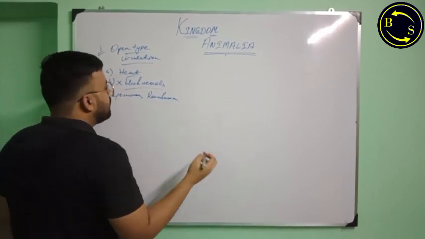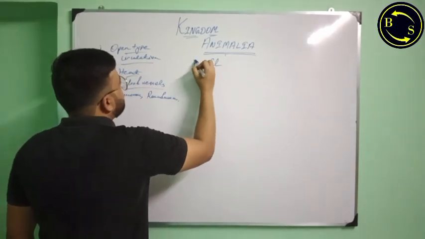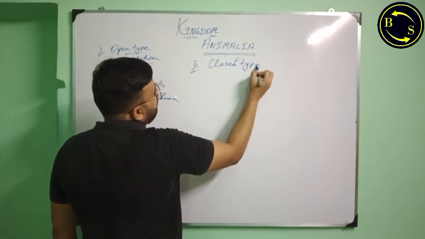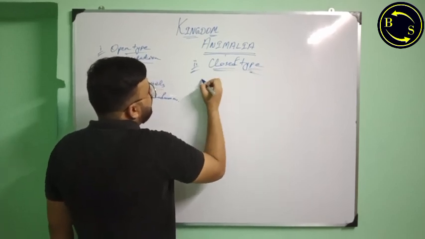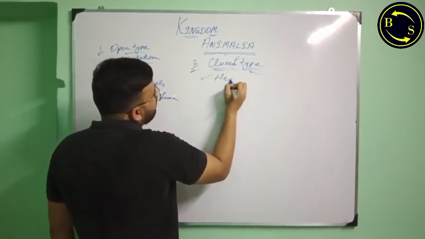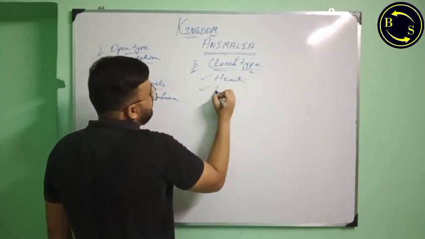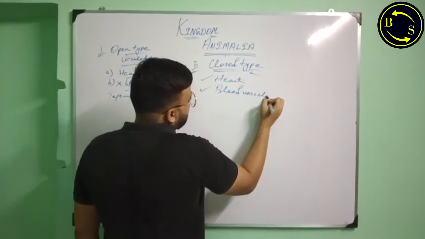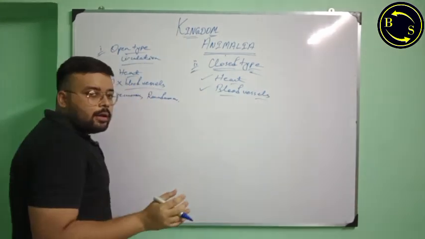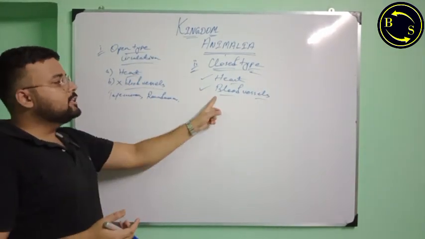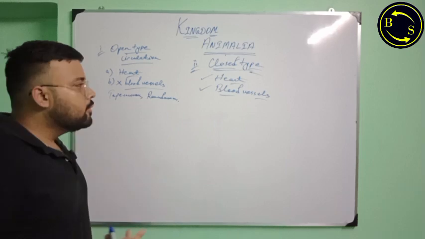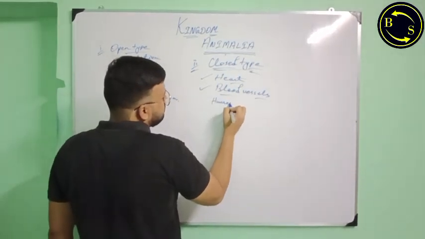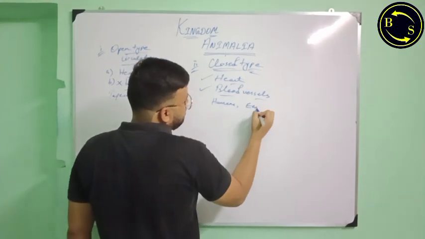And another is the closed type. Here we have a heart, and we also have blood vessels to carry the blood. And why is it known as closed? Because the blood is enclosed inside these blood vessels. For example, we have humans and earthworms.